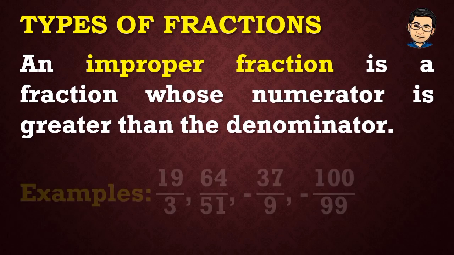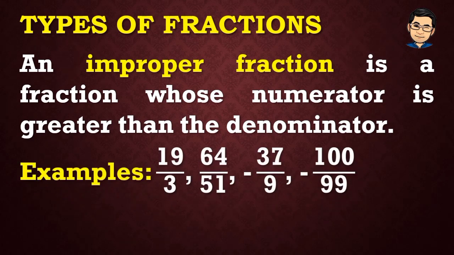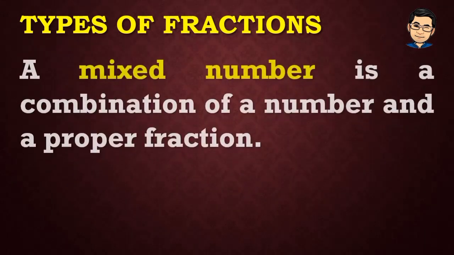For examples: 19 over 3, 64 over 51, negative 37 over 9, negative 100 over 99. You can see that our numerators, 19, 64, 37, 100, are greater than the denominators, 3, 51, 9, and 99.